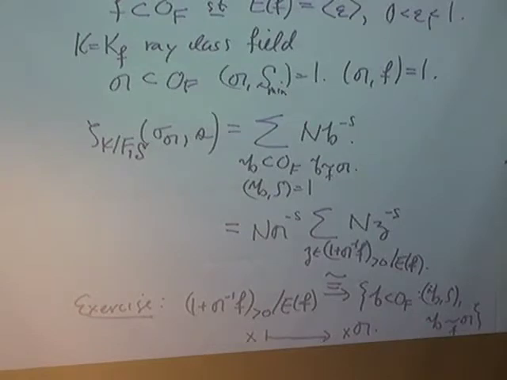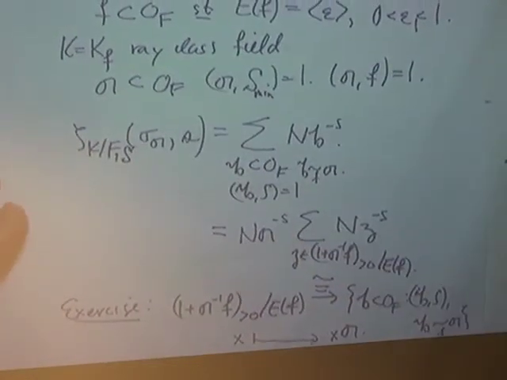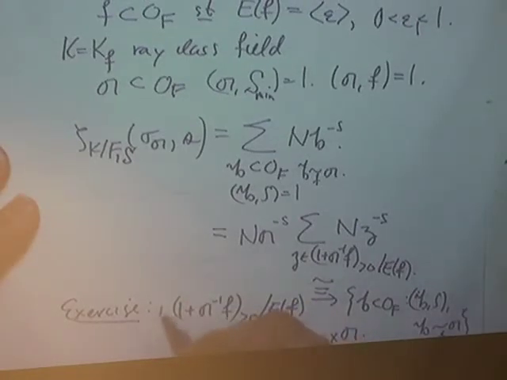All right, so these really do give you the same sum. And this factor of the norm of A to the minus s is just to account for the fact that we're making a choice here, and we have to cancel it out somehow. So this is part 1 of this exercise, the part that proves this equality.